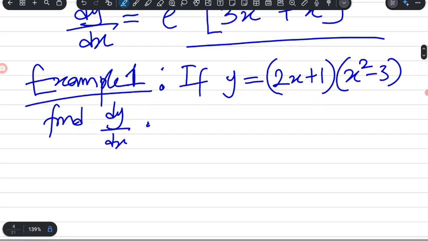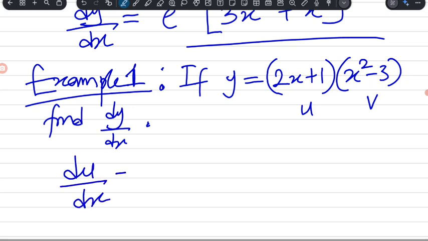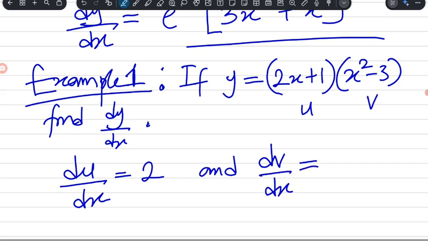We don't need to waste much of our time any longer. You realize that we have a u and a v. So let's differentiate u: du/dx will give us 2, and dv/dx will give us 2x.